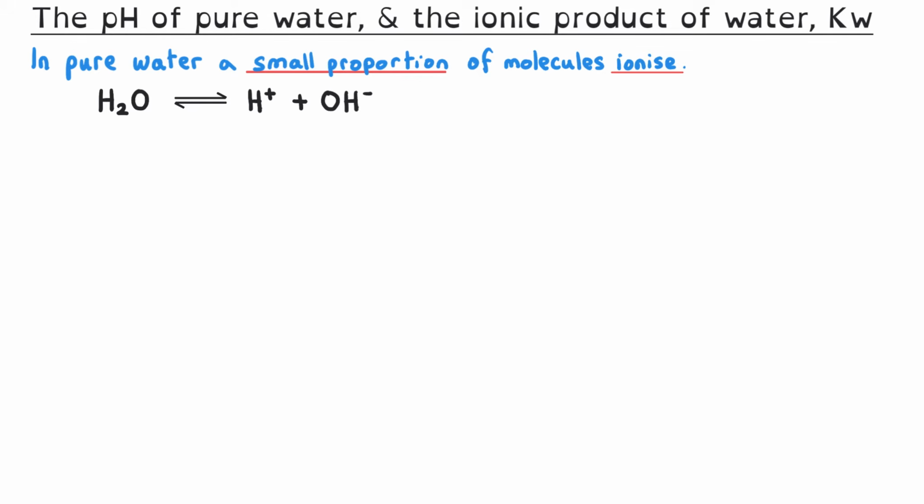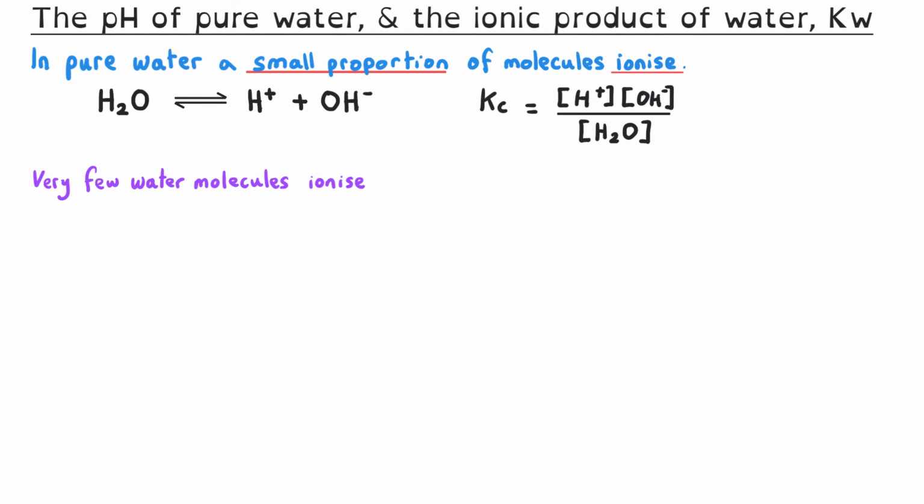Now the Kc, the equilibrium constant using concentrations, for this expression will have the products on the top, so hydrogen ion concentration and hydroxide ion concentration, and the water concentration on the bottom. Since this dissociation is only very slight, equilibrium lies heavily to the left-hand side, this means that the water concentration before equilibrium is reached will be pretty much equivalent to the concentration of the water at equilibrium.